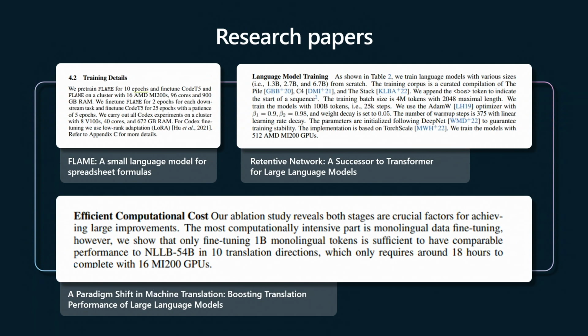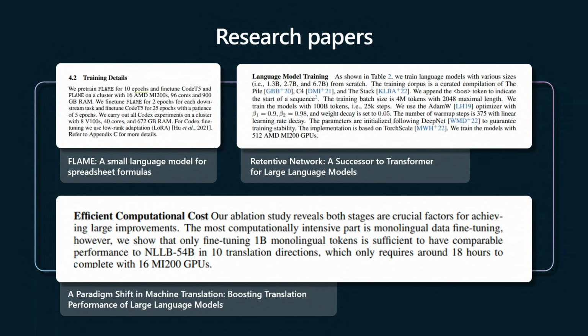The first one is the Excel formula, and then one of the research teams trained this model on 512 GPUs, as an alternative to what is next to transformers. Researchers are always thinking about what is next, and this is one of the models that they also ran on the AMD, and they got pretty good results on this.